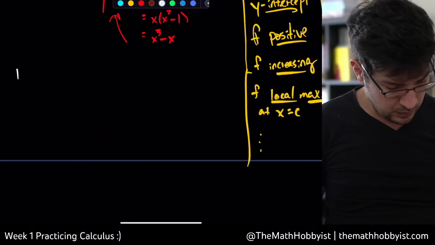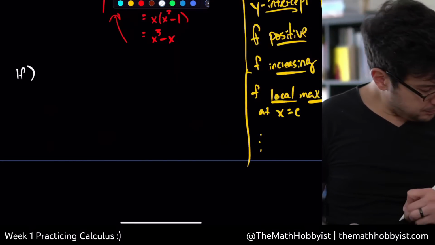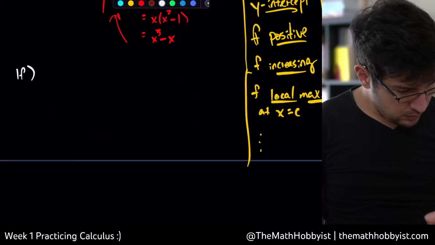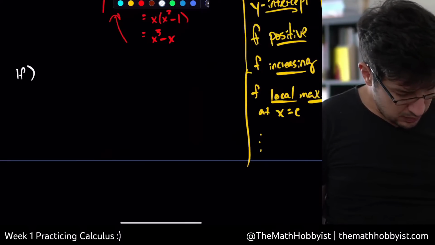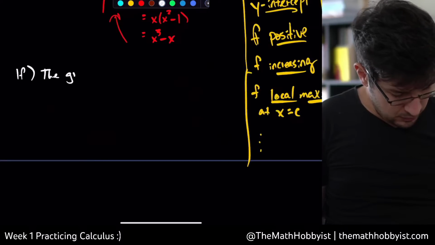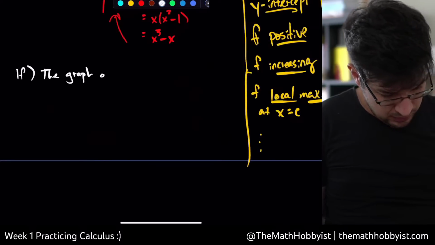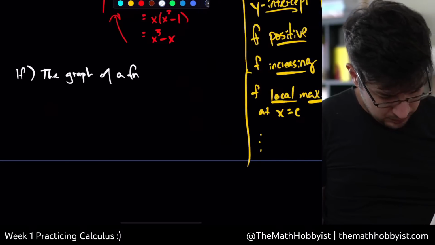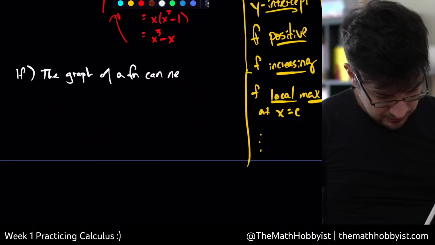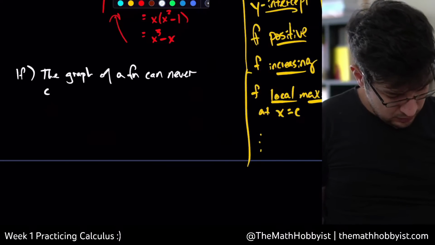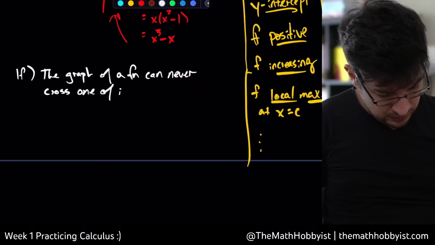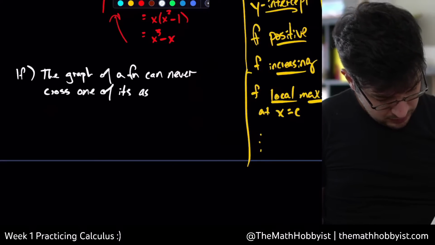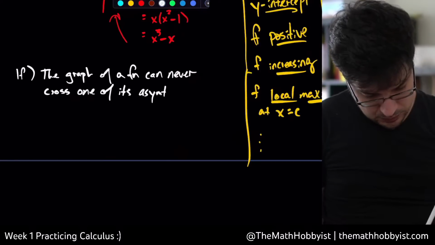1E, 1F. We're almost done. We have G and H left to go. The graph of a function can never cross one of its asymptotes.